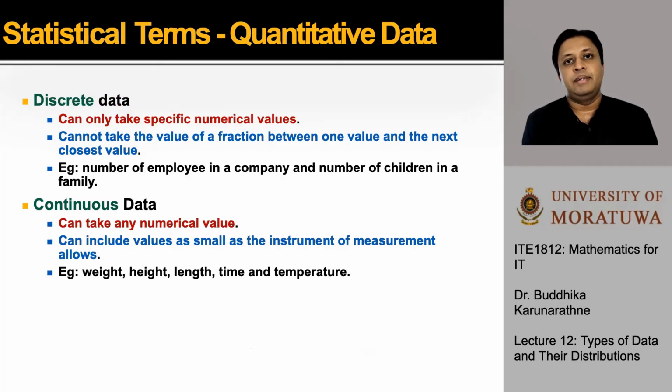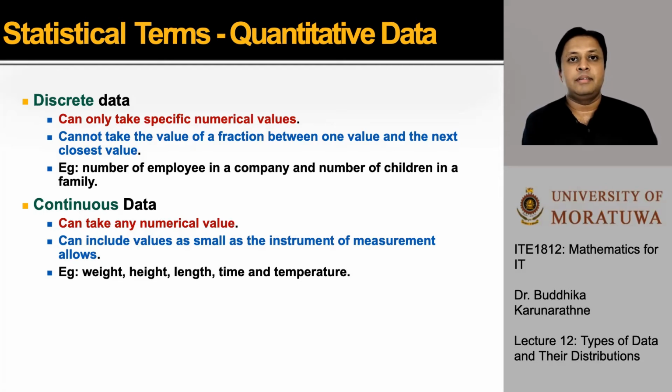So what is meant by discrete data? They can only take specific numerical values, and they cannot take anything in between. In other words, it can be represented in integer values, not fractional values. For example, you can take the number of employees in a company, the number of children in a family, the number of students in a university, and so on and so forth. So those are discrete data.